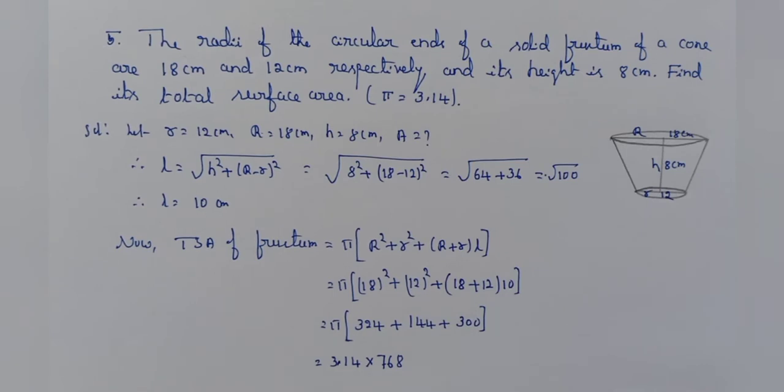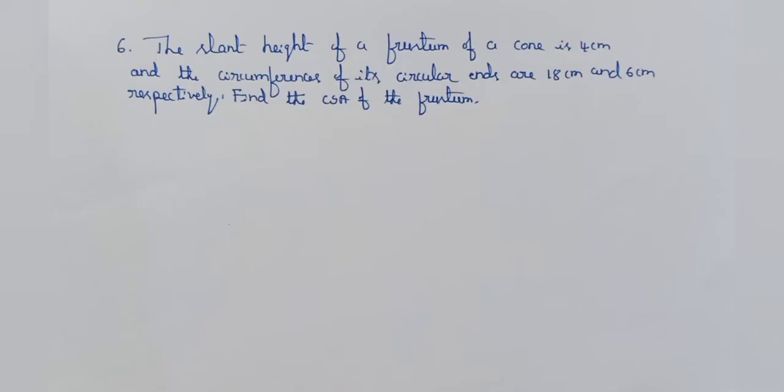You will get 2411.52 centimeter square. So the total surface area of the frustum is 2411.52 square centimeter. Next question.